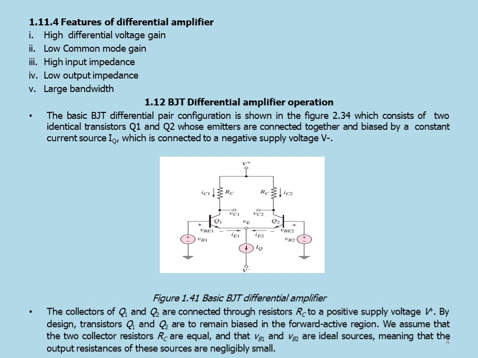Here we note that the two collector resistances are the same, RC and RC, for the transistors Q1 and Q2. Another point is that both transistors should be in the active region.